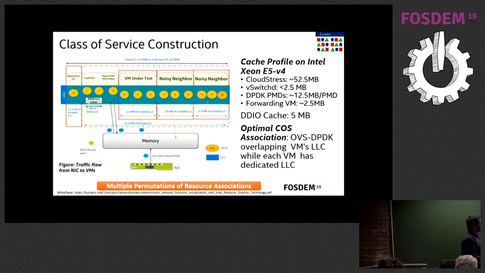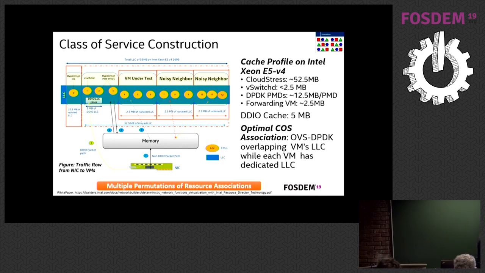So we did some performance studies. First, we ensure the DDIO is taken by the OVS with DPDK, because that's where the poll mode drivers are doing the heavy lifting of copying tons of packets. So we ensure that the DDIO cacheways are given to the PMDs.